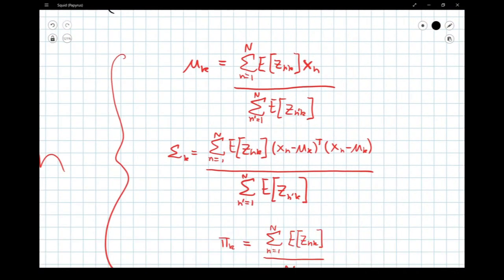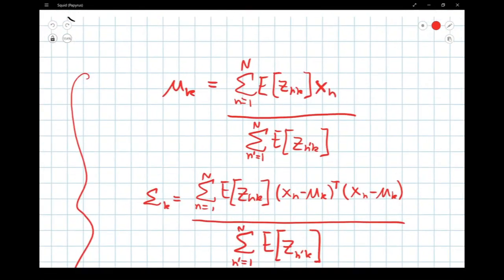And then the next iteration, we update our parameter estimates. You'll see that this term for our next best guess at the covariance matrix actually contains mu. So the thing to do is we update mu first. So we'll say that mu k i plus 1 is equal to all this stuff here.